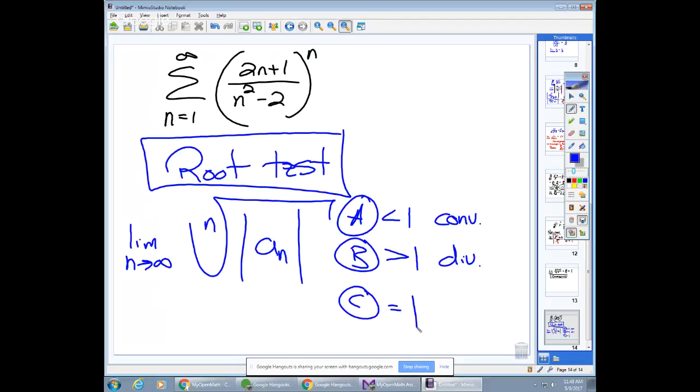Or it's equal to 1, and we don't know anything. Inconclusive. Find another test. So the root test is particularly useful when you do have a power of n floating around in there.